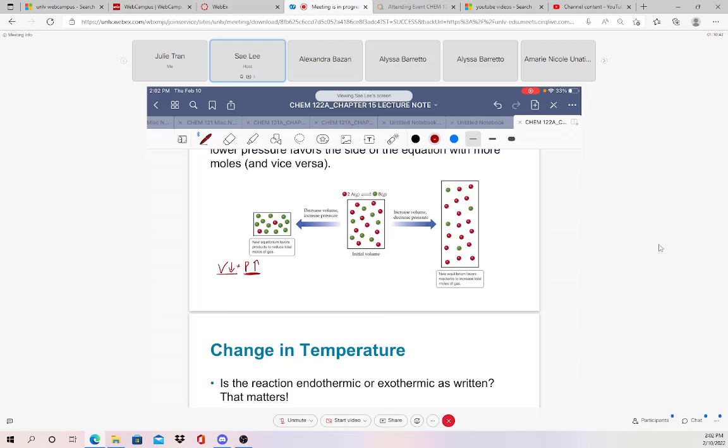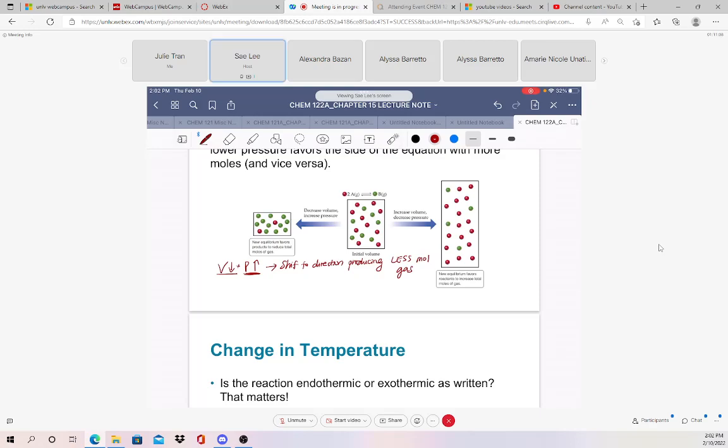The system can alleviate the increased pressure by forming less mole of gas.